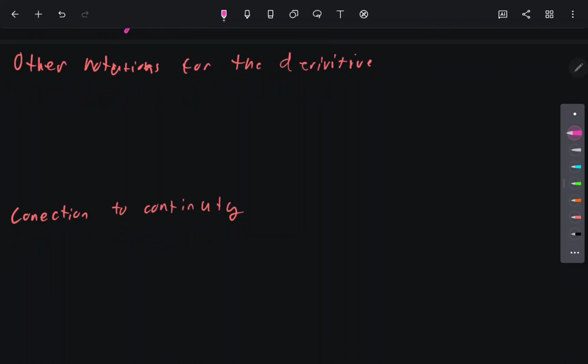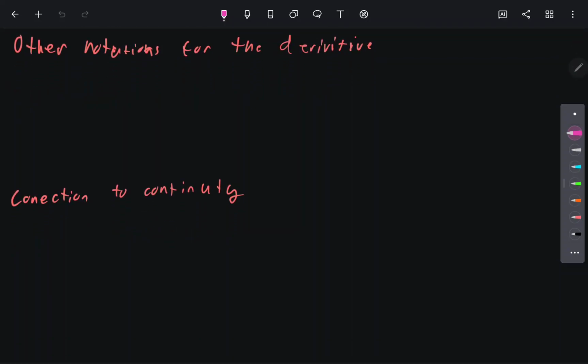I think it's important for us to know all the notations for a derivative, and there are quite a few. You may recall from yesterday that the first notation we learned was f prime of a, which in this case we're going to call x. Well, I introduced us to another one, which is y prime.